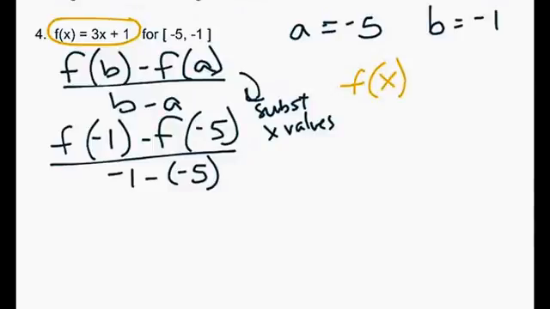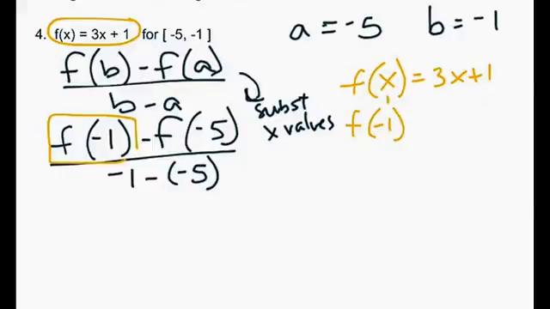I'm going to rewrite my equation here: 3x plus 1. I need to find f of negative 1. Well, all that means is I'm going to substitute negative 1 in everywhere there's an x. 3 times negative 1 plus 1. So this is negative 3 plus 1, or negative 2.